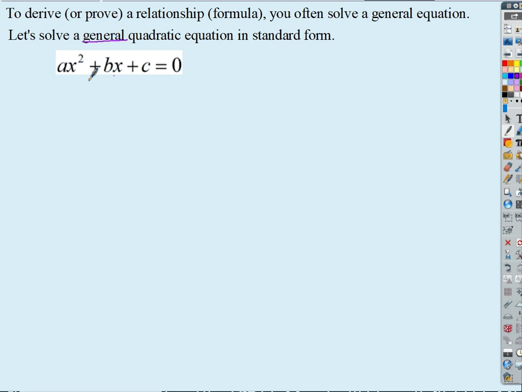So let's think about how we could solve this equation. Are we able to directly isolate x? No. How come, Haley? You're right, there's two x's. I can't point to a single x, right? So that's unfortunate. I can't isolate x. Can I factor it? To factor it, I need magic numbers, right? I don't even know what the numbers are, so factoring is not something I can do in general. I have to have specific numbers to be able to factor, and I don't have that.